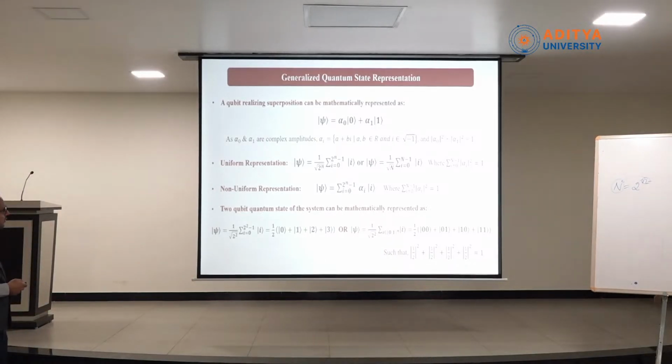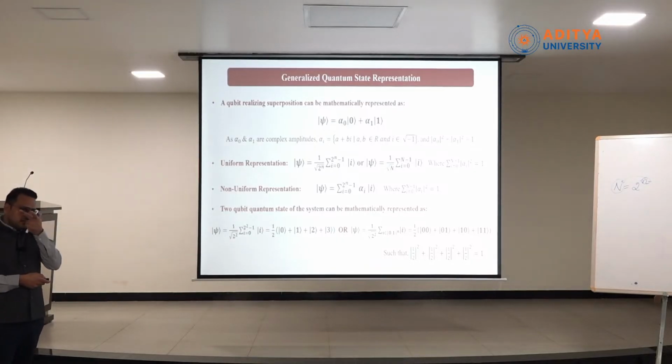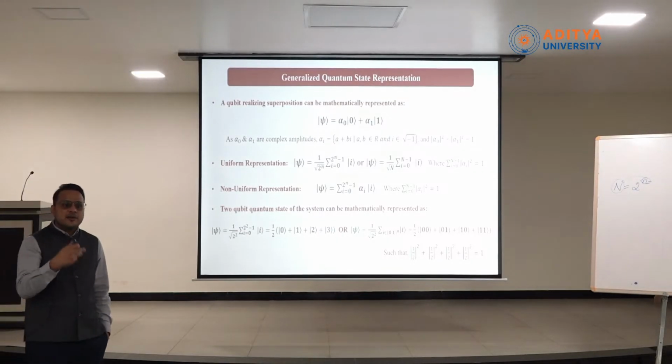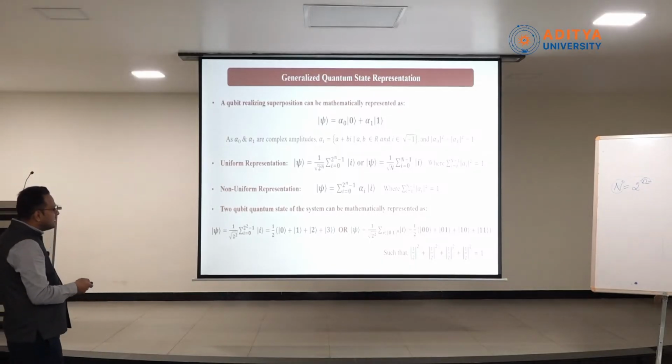Now here is the non-uniform representation. The wave function is the same, i equal to 0 to 2 raised to the power n minus 1. You just observe, there is no such difference except the 1 by root N, because there is no uniform distribution now. Clear? The states are associated with different amplitudes. This is the way to represent the different amplitudes: alpha i along with the state i.